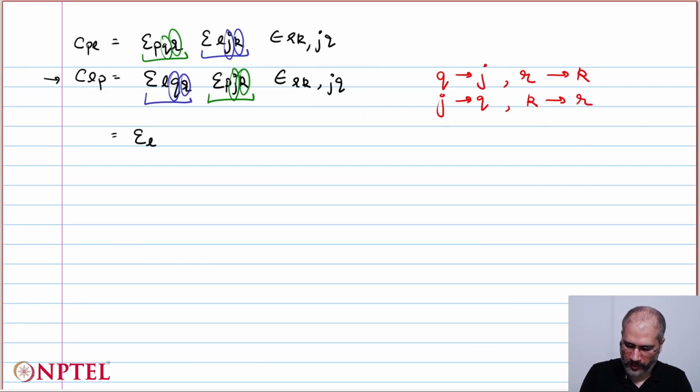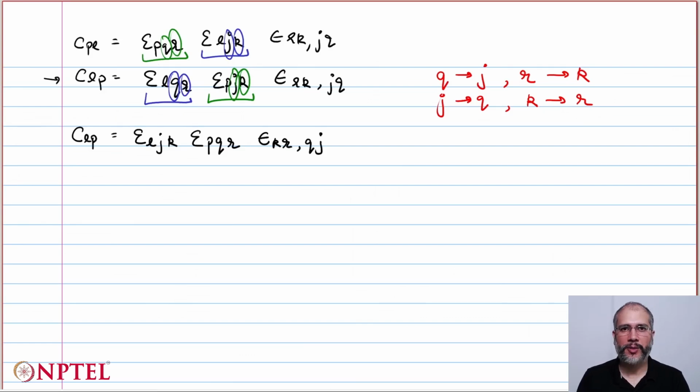So let's do that. This is epsilon L, and then a Q becomes a J, R becomes a K, and in the second epsilon we have epsilon P, and then a J becomes a Q, and a K becomes an R. So in the strain, the R becomes a K, K becomes an R, J becomes a Q, and Q becomes a J. So this still is CLP, because we have not touched the free indices.